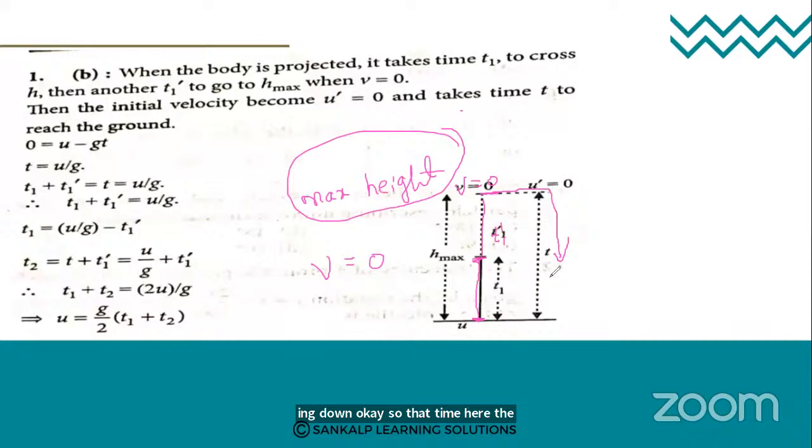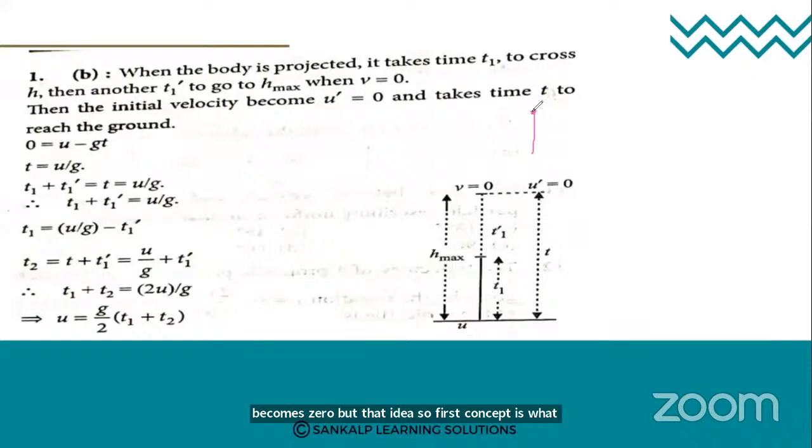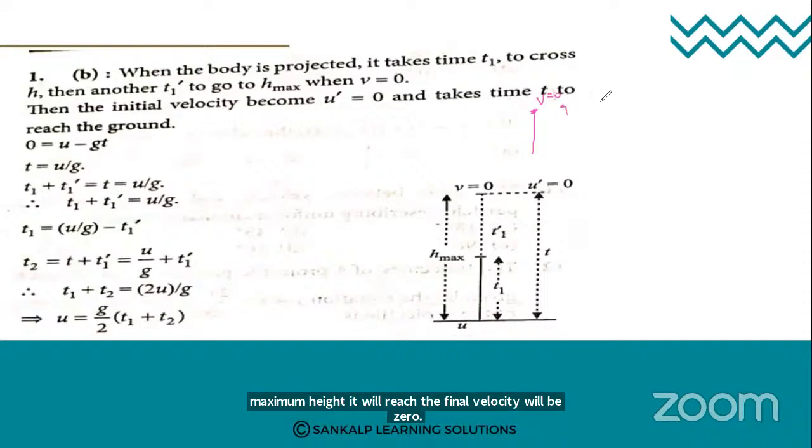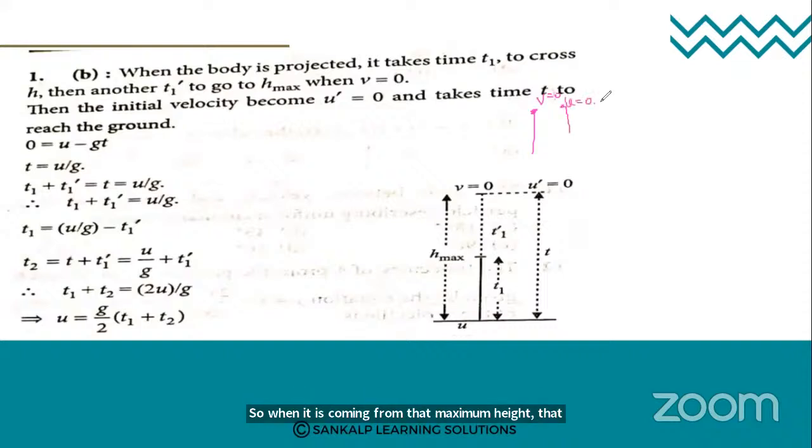Is it clear? So the first concept: when it is going up, at the maximum height the final velocity will be 0. When it is coming down from that maximum height, the initial velocity will be 0, and it takes time t to reach the ground. This much we need to understand from the question.